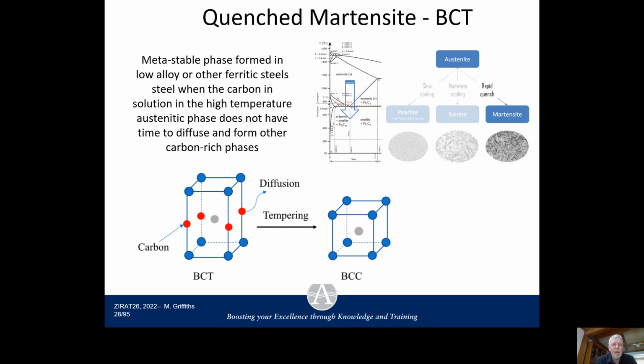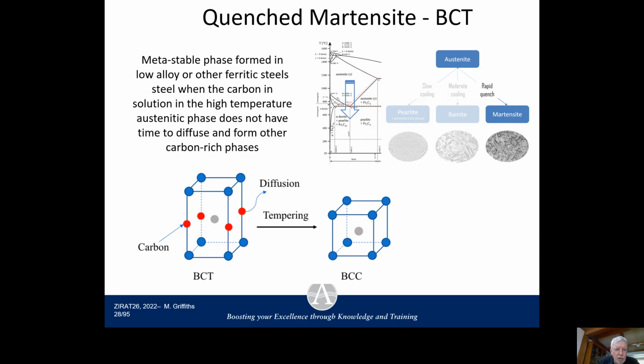The other way, the form of martensite that is probably most common, and it's very confusing because often people just talk about martensite and they don't specify what martensite. And the one that most people in the steels community will be aware of is the martensite you get from quenching.